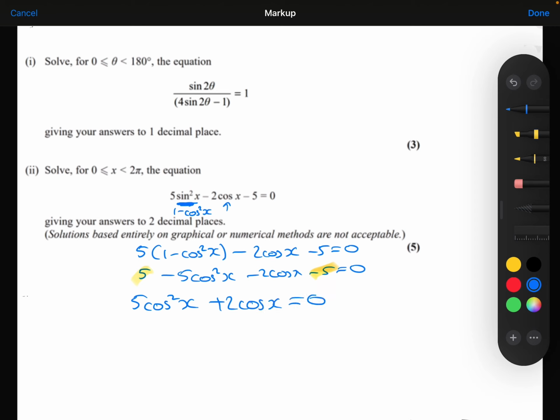So all I've done there is cancel the 5s out and multiply both sides by -1. At this stage, I can factorise the cos x outside because we have a cos x in both of those terms. And now I can see that either cos x equals 0 or cos x equals minus 2/5.